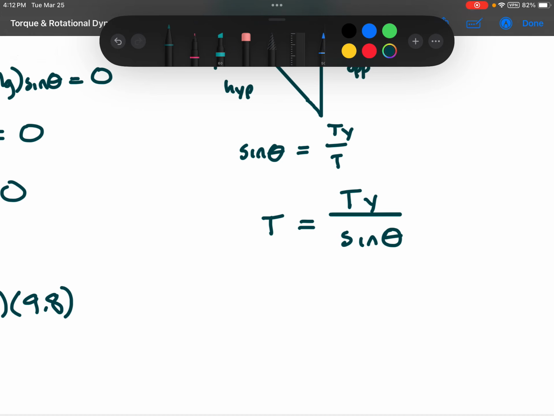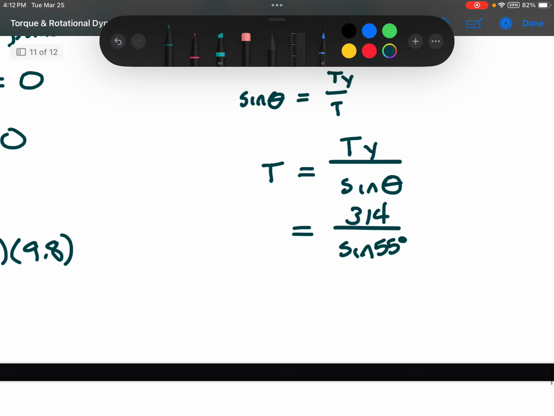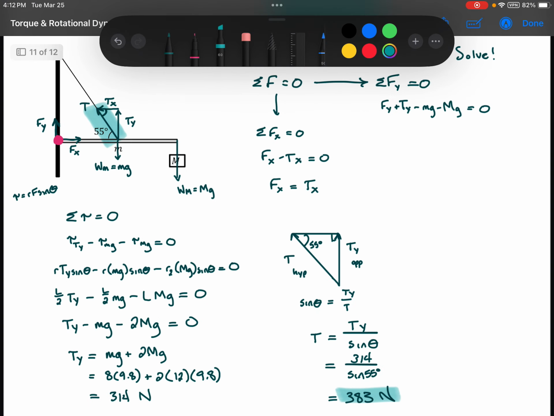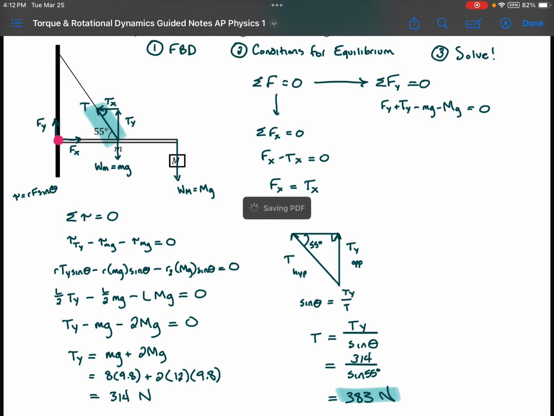And putting in our values, Ty was 314, sine 55. And so then it's just a matter of putting that in the calculator, and we get the tension in the wire is 383 newtons. So now we have solved for the first thing it asked us for. I think I'll leave this one here, and then we'll find the force from the wall in the next video.